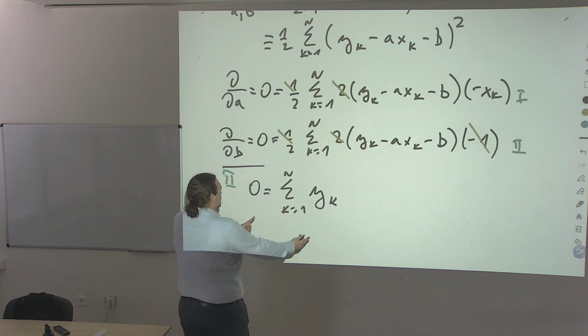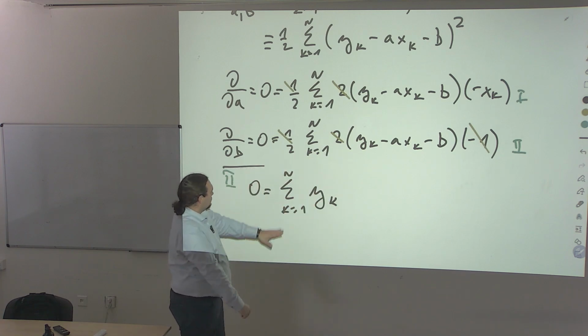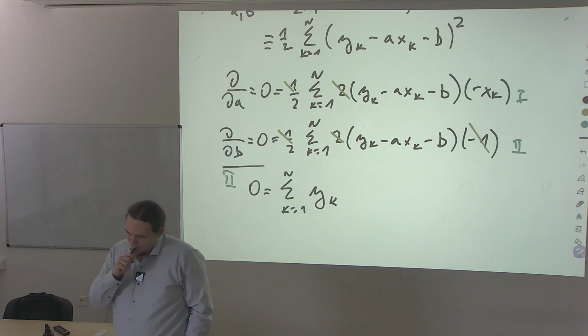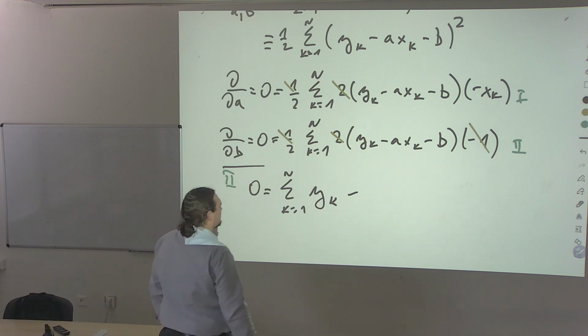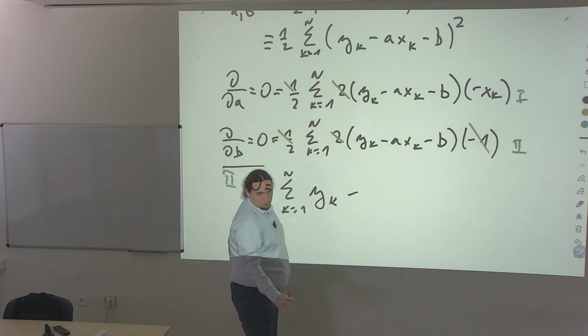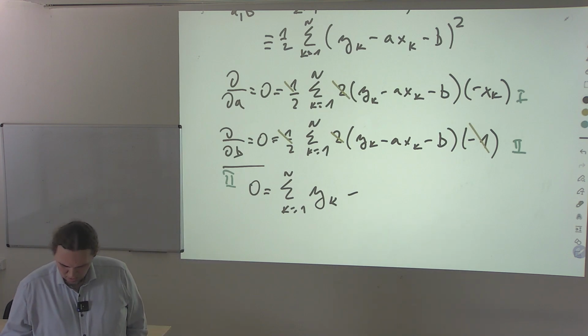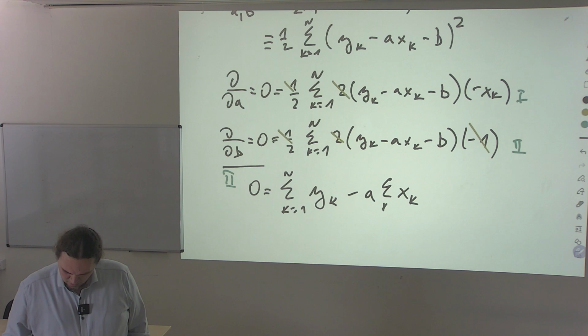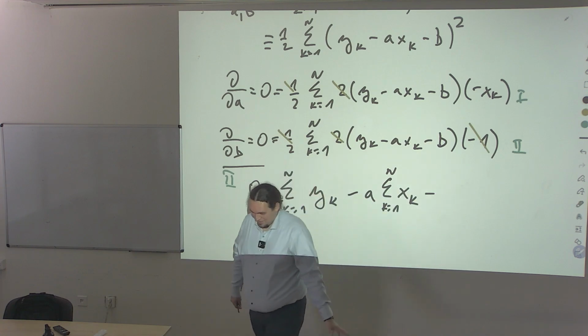Yeah, so this will be just the first sum, the sum of yk's. With the second sum, I see there is a minus, and there is also this common parameter a. So we can factor it out in front of the sum, and with the last guy, we have seen it here already several times.